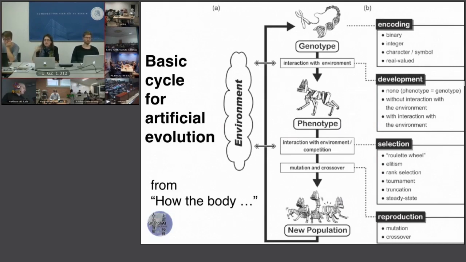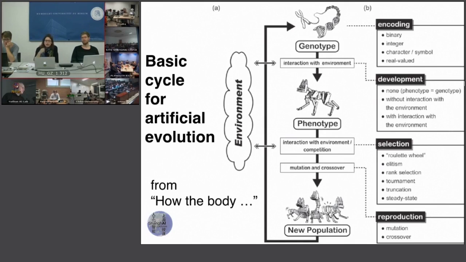There are different options for how exactly you encode the information of the agent in this genotype. It could be binary, it could be integer, or real-valued information. We will later see that there are also slight differences between genetic algorithms and evolutionary strategies in how they represent their genotype.